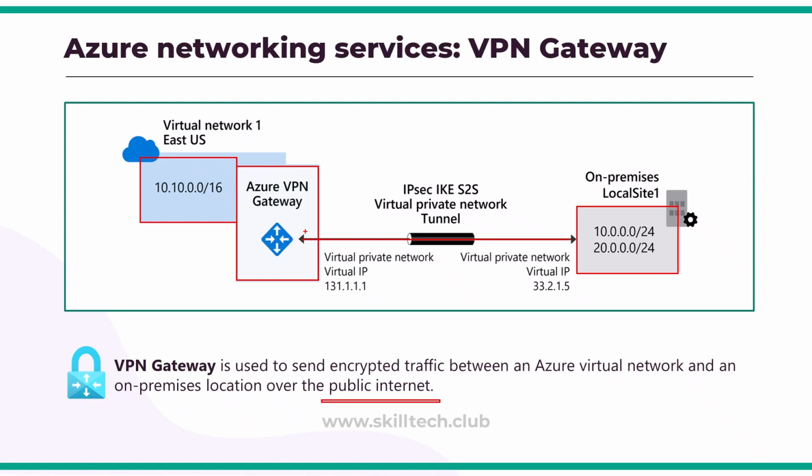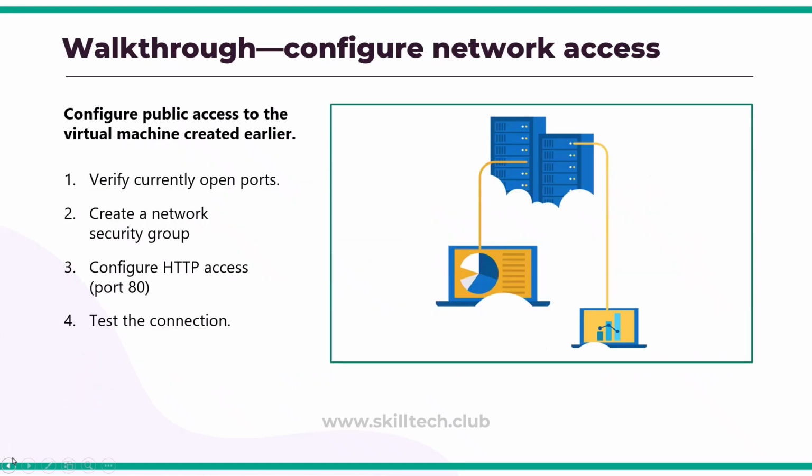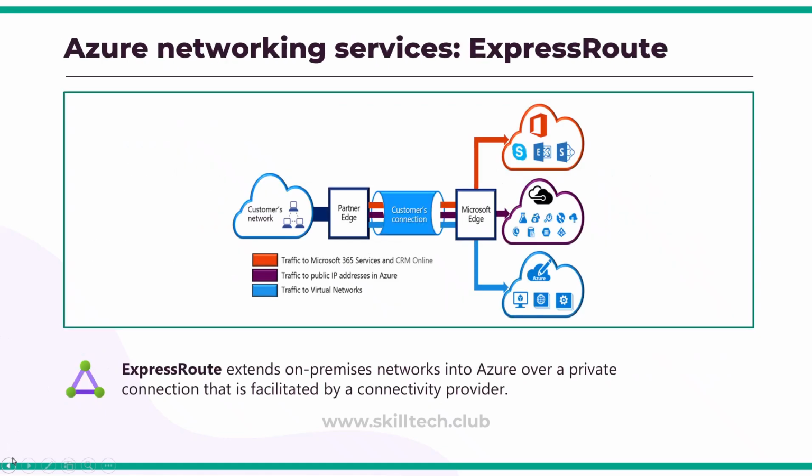They are going to do communication between multiple virtual networks, but they do not want to use the public internet. Even though you are sending encrypted traffic, using the public internet is sometimes very risky. At this moment, you have to go for alternatives other than VPN Gateway. The other alternative is known as ExpressRoute service.